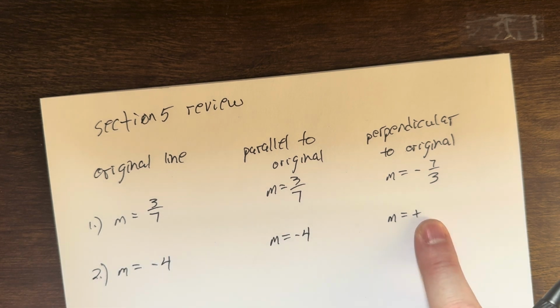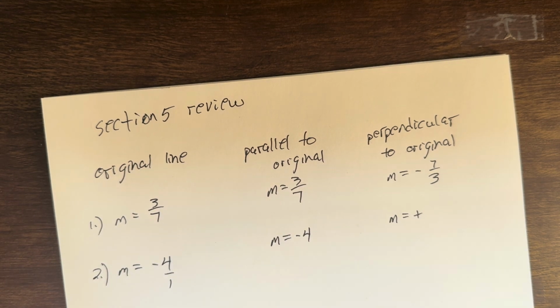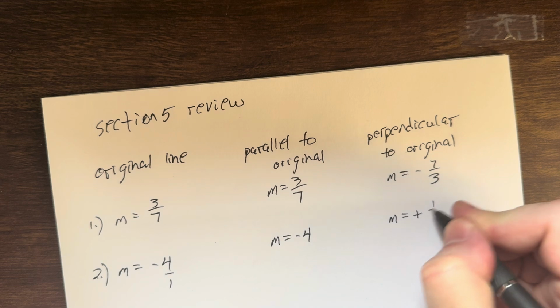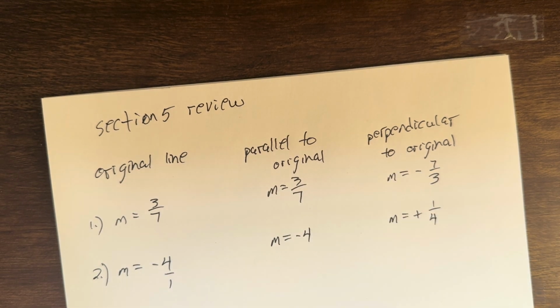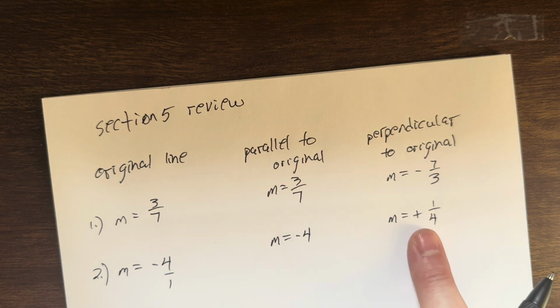That negative will become a plus. And then I need to do a flip. And this is where some people ask, how do you flip a whole number? Remember, we could always put a whole number over 1. So 4/1 will flip to 1/4. So that's the idea. As long as we know the original line slope, we can always get the parallel or perpendicular line slope by just going through this process.